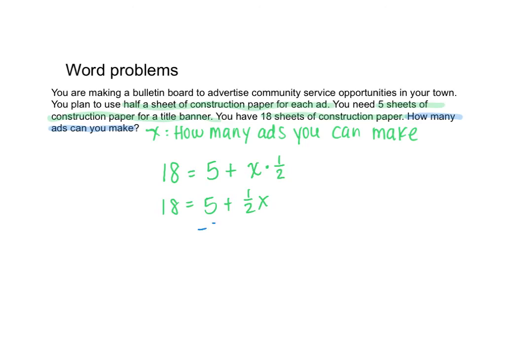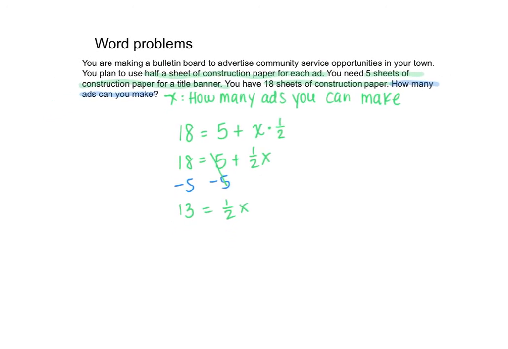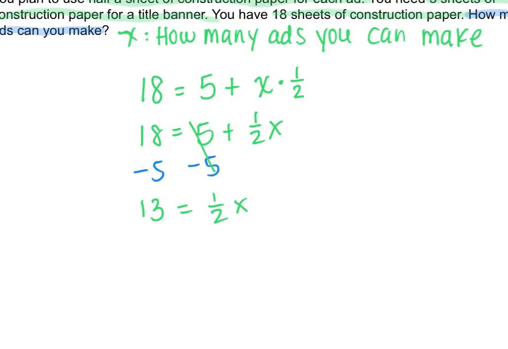So we're going to go ahead and subtract 5 from both sides. This left side will become 13 equals, these cancel and we're left with 1/2 x. Now remember, whenever we have a fraction, we can multiply by the reciprocal. In this case, this could also be written as x/2. And so we're going to multiply both sides by 2.